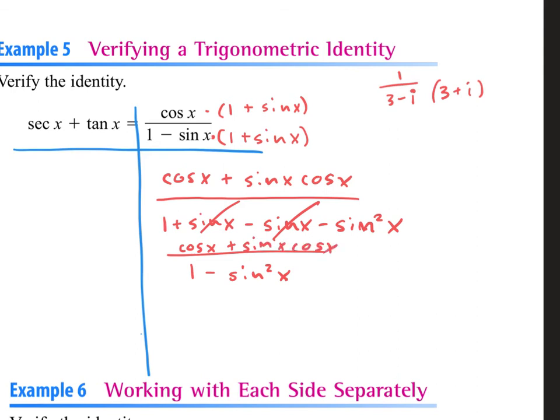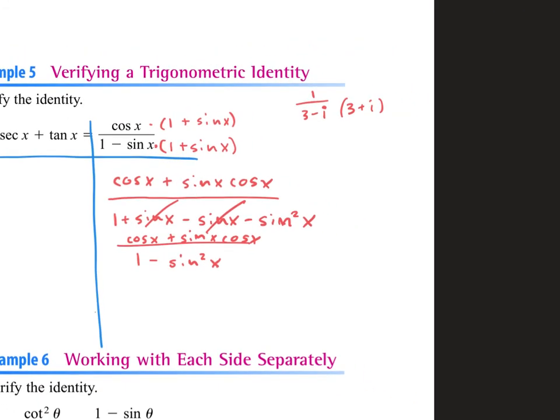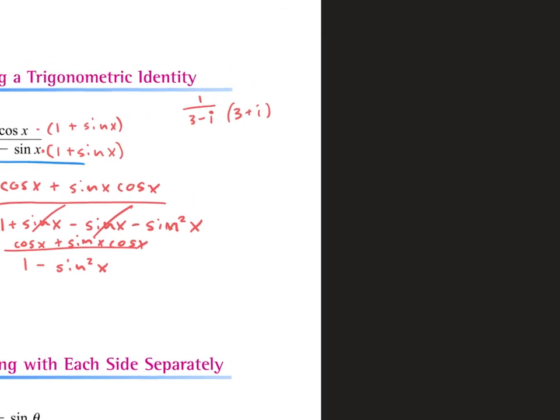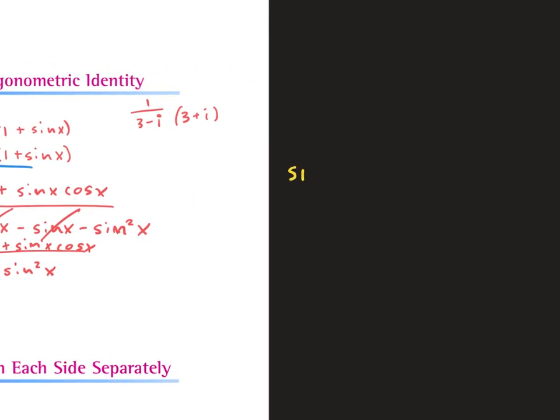How can we change that 1 minus sine squared x on the bottom? What can we do? Use an identity. So our identity is sine squared x plus cosine squared x is equal to 1. How can we change this to 1 minus sine squared x?